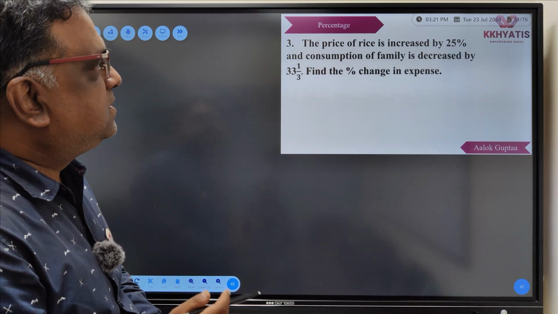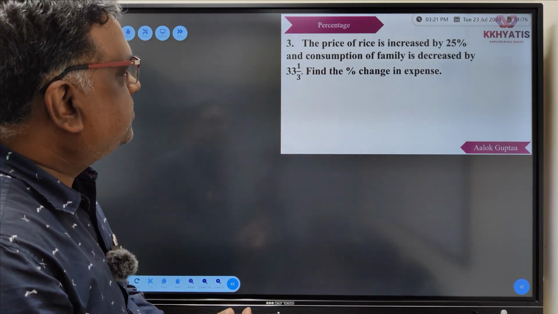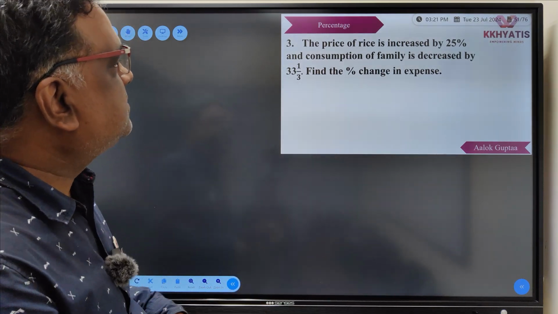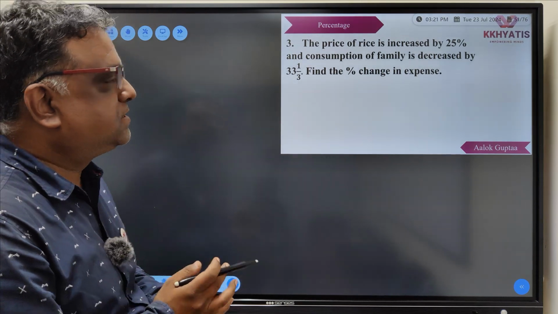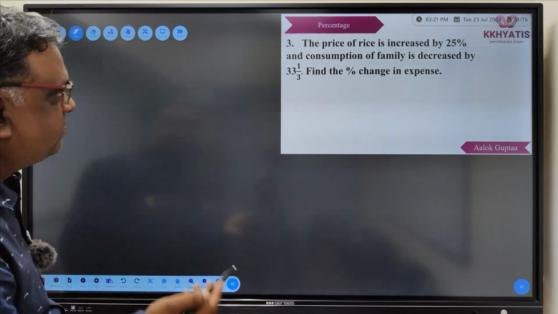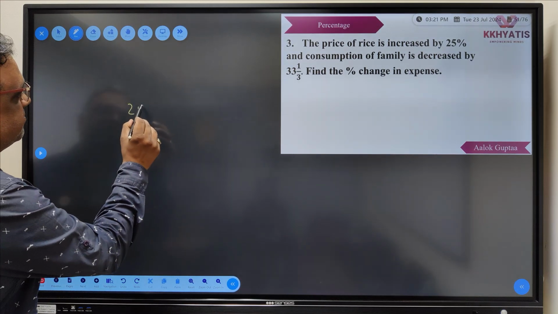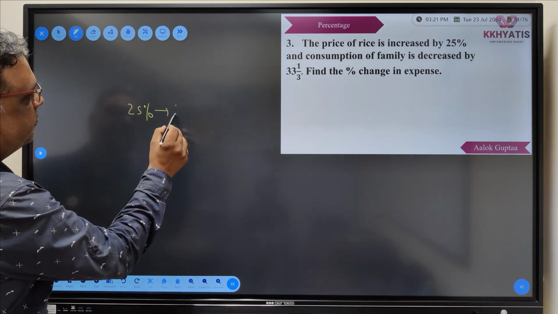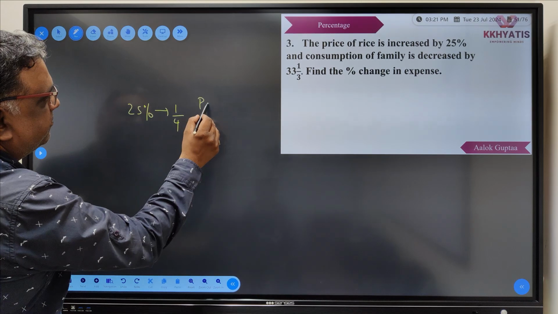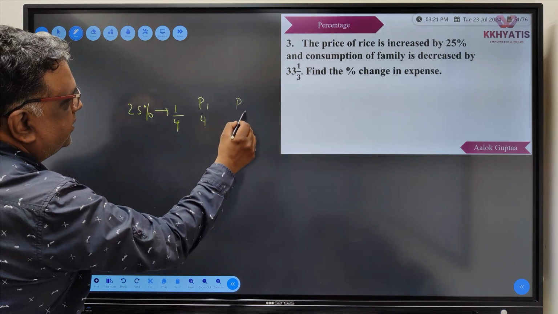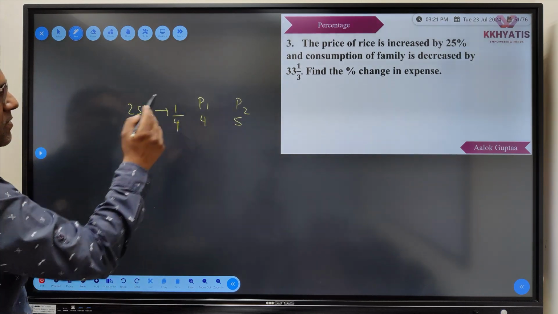The price of rice is increased by 25% and the consumption of a family is decreased by 33 1 by 3%. Find the percentage change in expense. Simple. Price increased by 25% means 1 by 4, which means if P1 was 4, P2 is 5. It increased by 1.